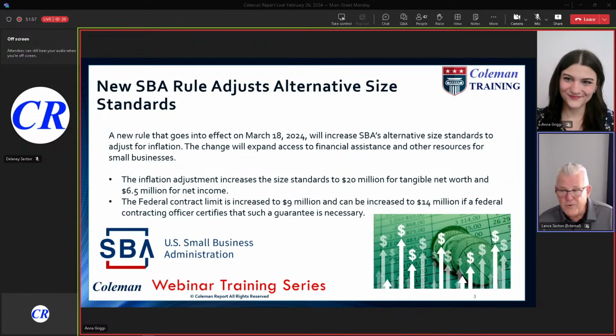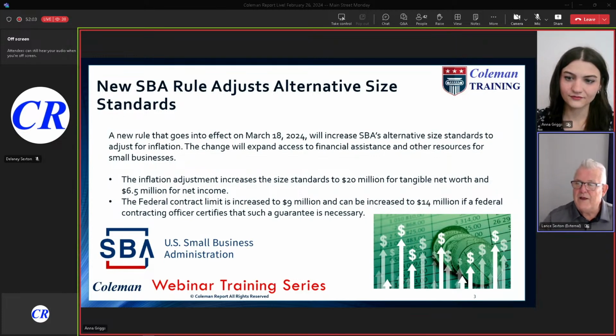I was sharing a story with Anna and Delaney and Mike before we started. It's kind of interesting because when there's inflation, costs go up, profits go down, and net worth probably goes down. But they're adjusting these size standards because of inflation.